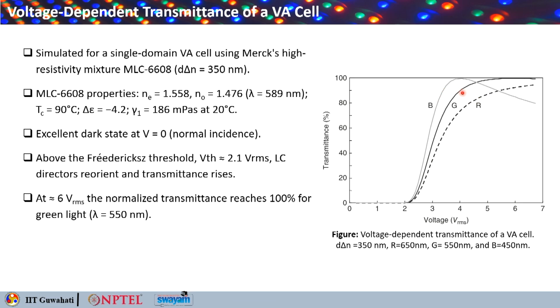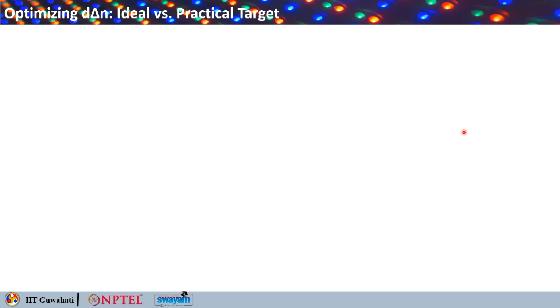The blue one saturates slightly at different voltages, at around 4 volts, and red saturates even at higher voltages. This is the origin of the color shift with gray level issue that the multi-domain and field compensation schemes must also manage, that different colors saturate at different voltages.